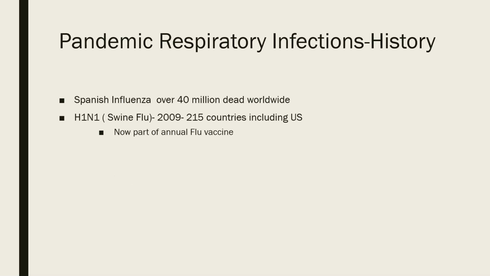Pandemic respiratory infections. A history. The Spanish influenza, over 40 million dead worldwide. And some of you may remember the H1N1 swine flu of 2009. It affected 215 countries, including the U.S., and is now part of the annual flu vaccine. When this occurred, we had to be revaccinated, and we had to re-limit visitors.